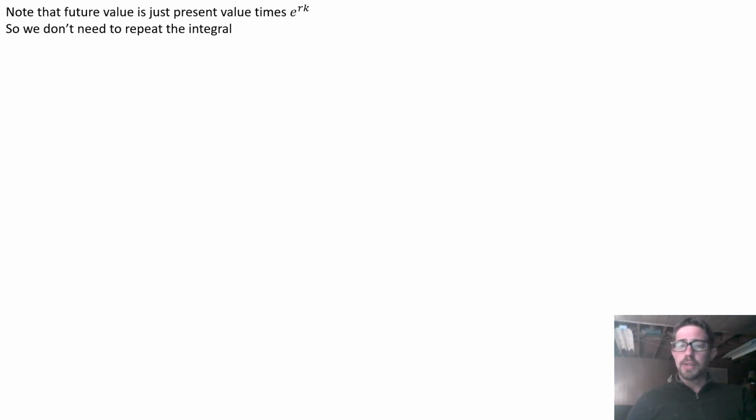Like I was saying, the future value is just a number times that integral. So there's absolutely no reason to do the integral over again. We already did the work, we got the number. So just multiply that number by e to the r times however many years it is.